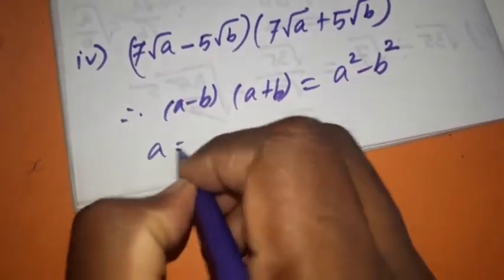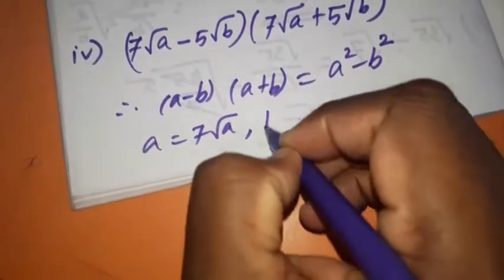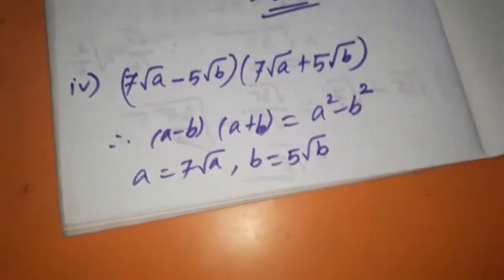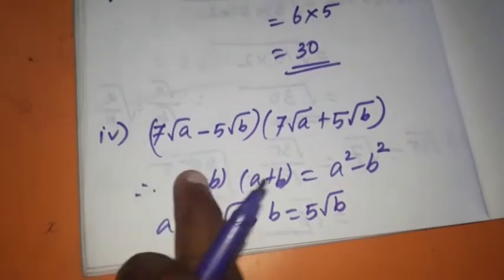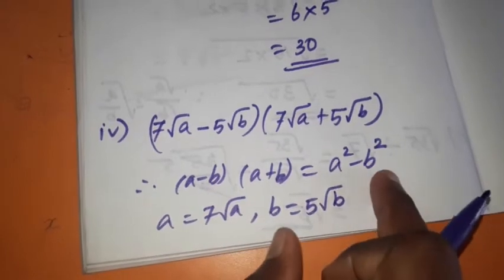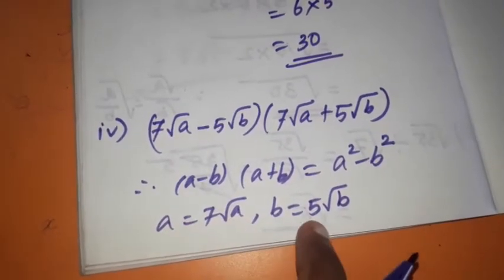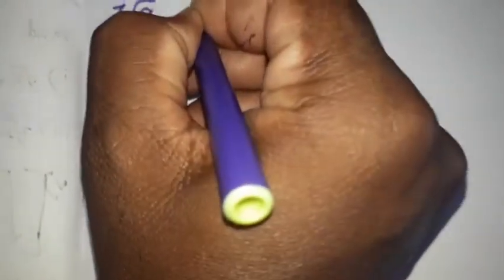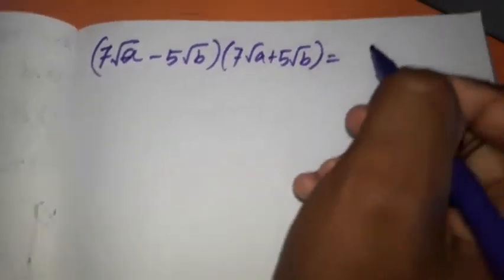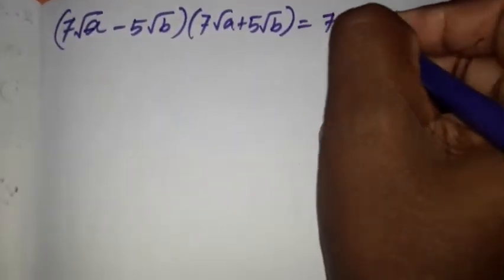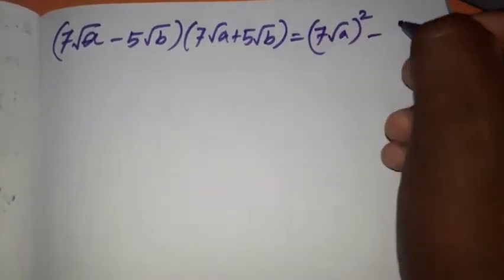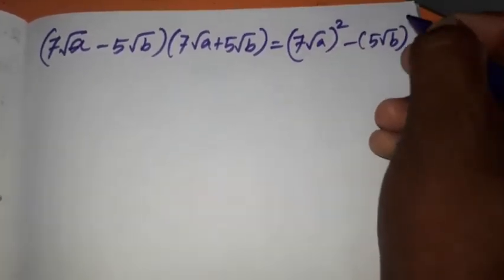Here a is 7 root a, b is 5 root b. Substituting, we get 7 root a whole square minus 5 root b whole square.